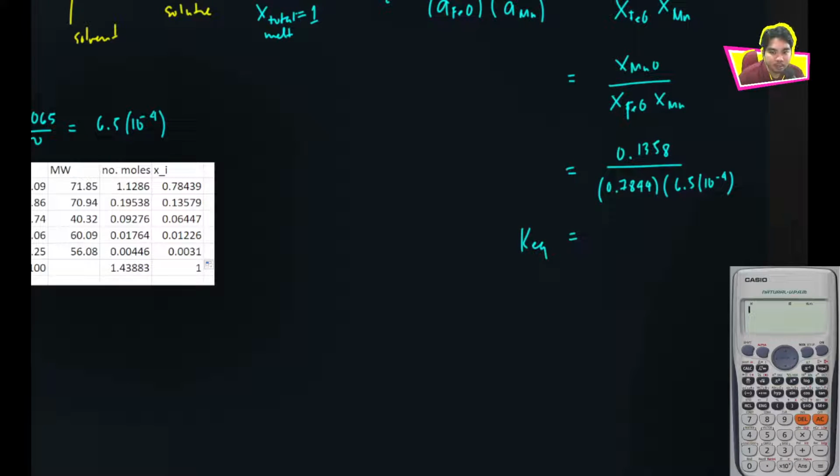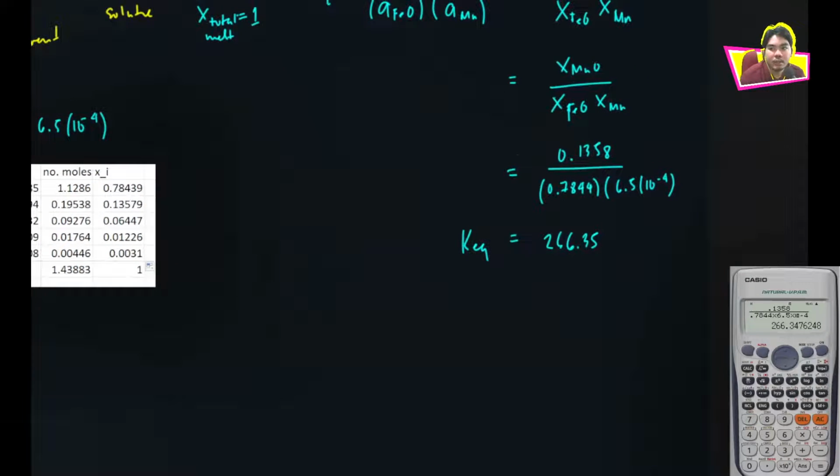So that's 0.1358 divided by 0.7844, multiplied by 6.5 times 10 to the negative 4, which gives us 266.35.